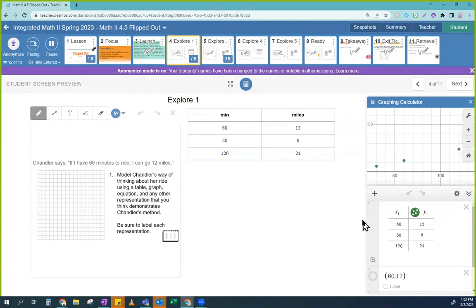What is Chandler's speed? So usually when we talk about speeds, like when you're saying how fast you can go on the highway or whatever, you'll usually say miles per hour. And so I would just go right here with miles per hour because this is my hour, right? So he's going 12 miles every hour.